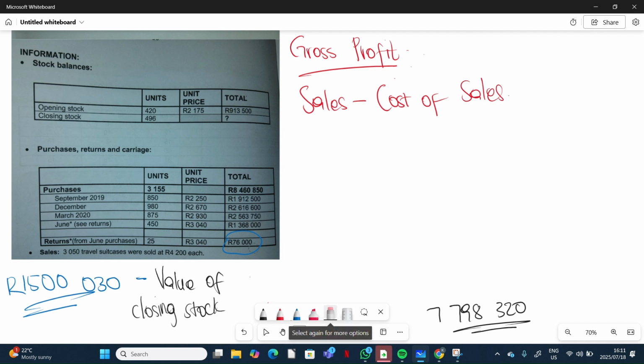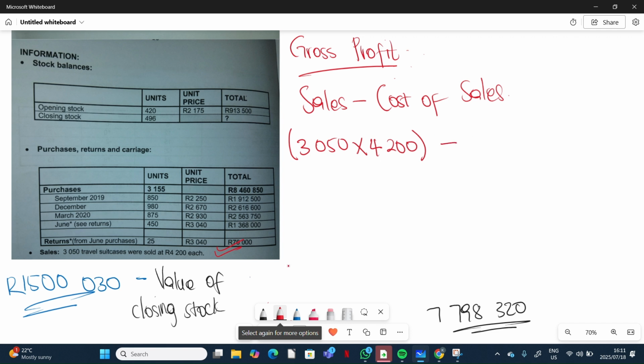So how are we going to get our sales? First things first. We have a note right there at the bottom, right? They say that 3,050 travel suitcases were sold at 4,200 each. So those are our sales right there. 3,050 of the suitcases were sold, and each one of them cost 4,200. So that is the amount of our sales.